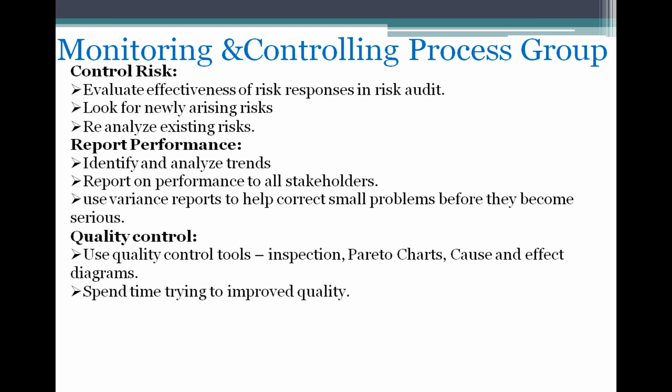When there are problems in terms of quality, look at the corrective and preventive actions, defect repairs, and the root cause of the problems. When there is a root cause, implement a fix so that it will not arise in the future. So spend time trying to improve the quality.